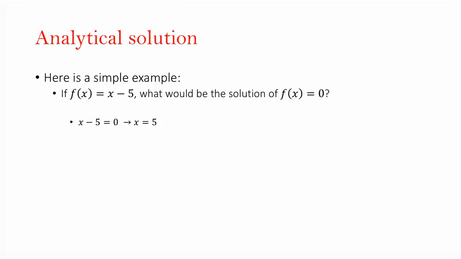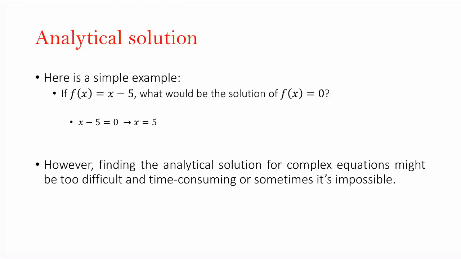Another example is when you want to solve a quadratic equation, ax squared plus bx plus c equals 0. You know there are two roots for these quadratic equations. These two roots are exact solutions, or in other words, they call them analytical solutions.